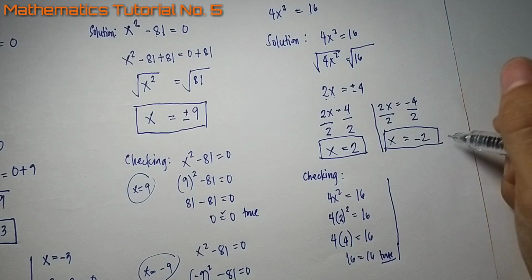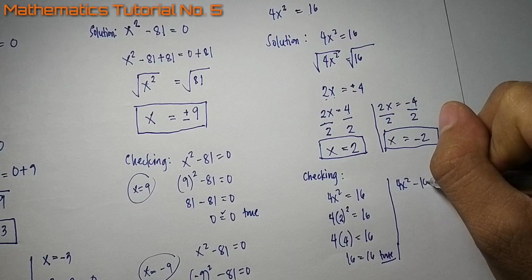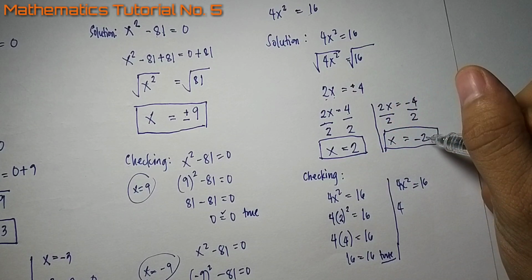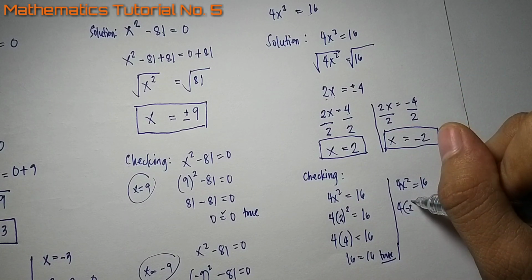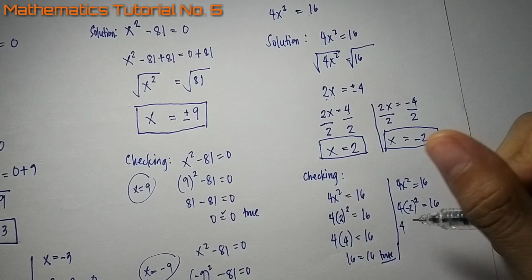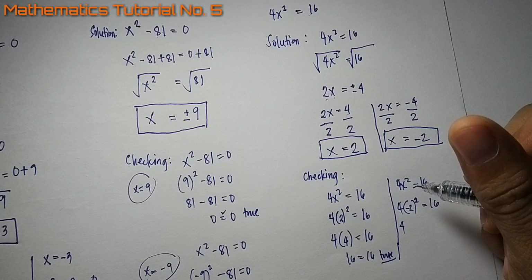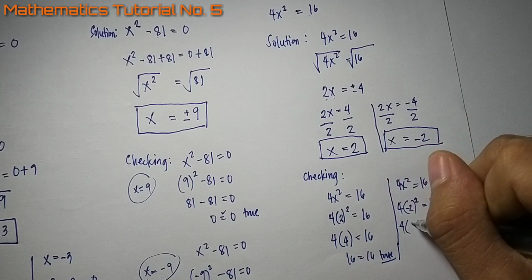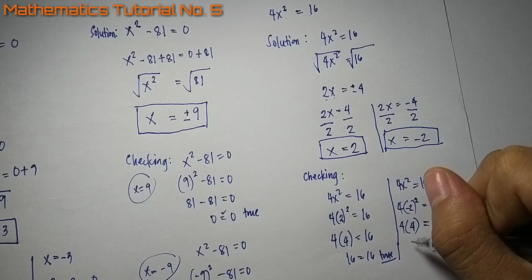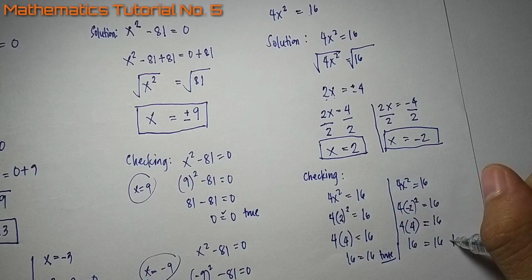Now let us see if our solution negative 2 is correct. So, back to the given, 4x squared equals 16. We have 4, and our x is negative 2, so we replace it: 4 times negative 2 squared equals 16. What is negative 2 squared? It means multiplying it by itself twice. So negative 2 times negative 2 is positive 4, and 4 times 4 is 16, which equals 16, which is true.